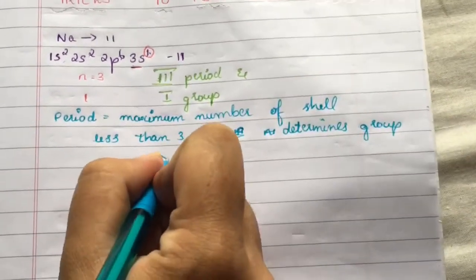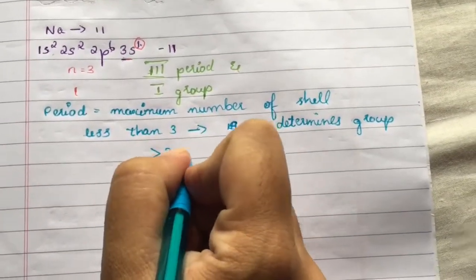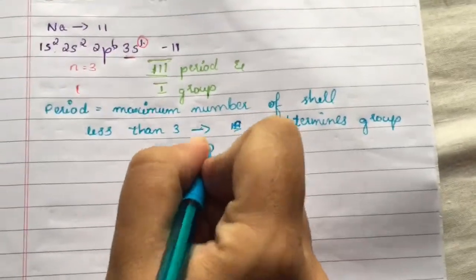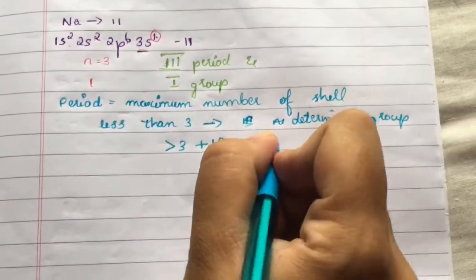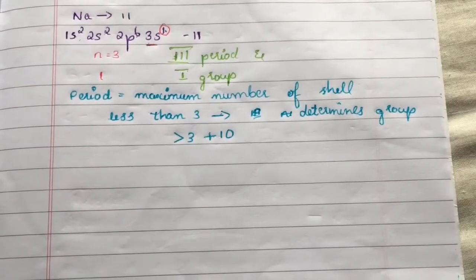And if it is greater than 3, then we need to add 10 to this number. I will explain it by taking an example.